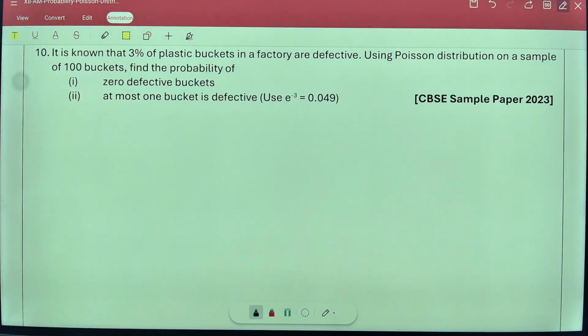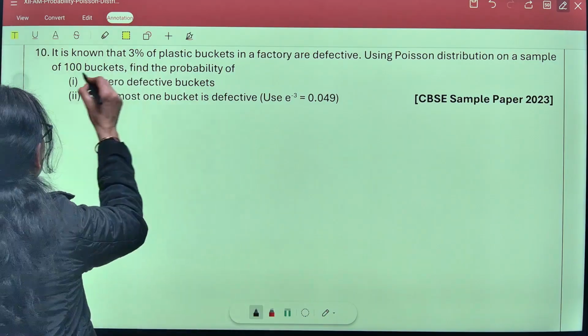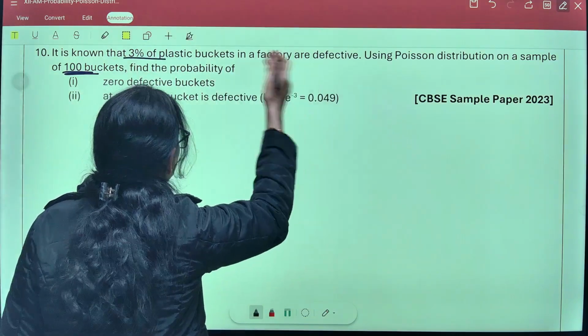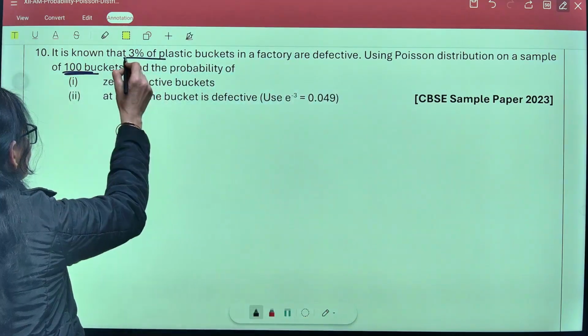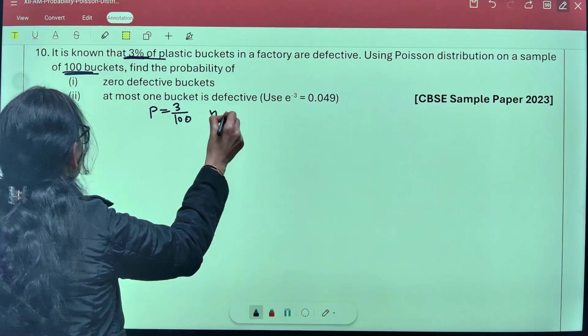It is known that 3% of plastic buckets in a factory are defective. Using Poisson distribution on a sample of 100 buckets, find the probability of 0 defective buckets and at most 1 defective bucket. So you are given a sample of 100 buckets and 3% of the buckets in the factory are defective. So this is the value of P. P is 3%, N is 100.